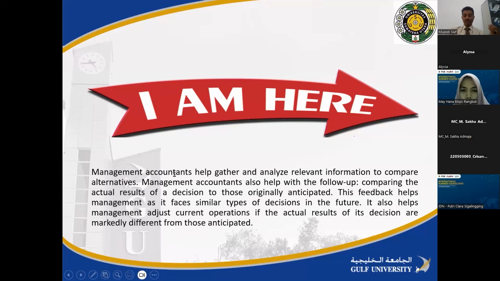So the management accountant or managerial accountant will help you collect all relevant information on these alternative choices, and then they will do some analysis and provide you with a report on how it will be if we select this option, and how it will be if we select that option. So they will provide you advice on which one is the best.